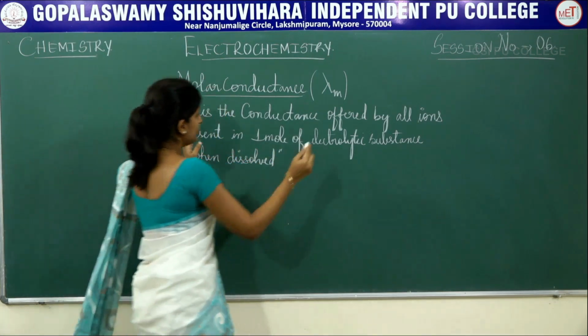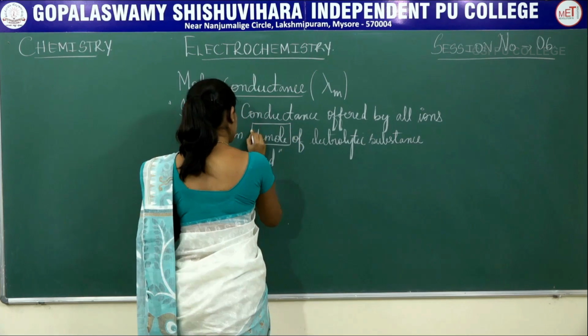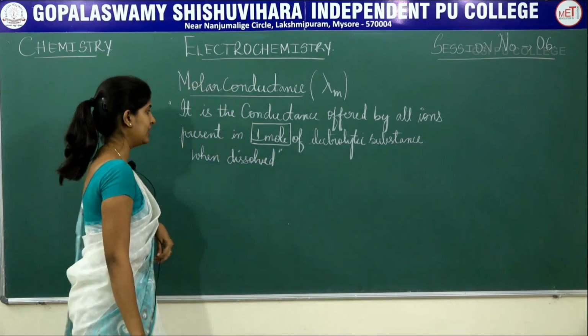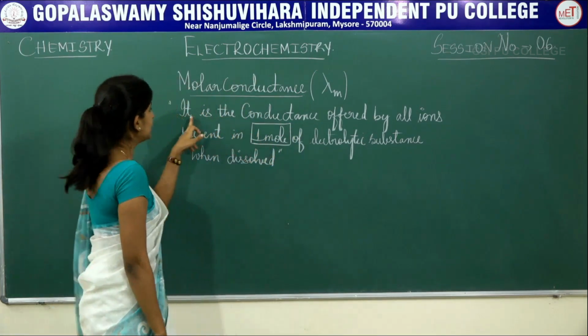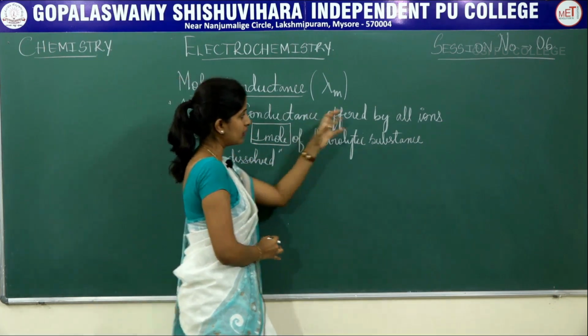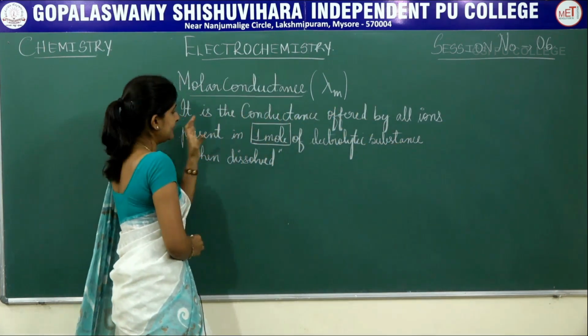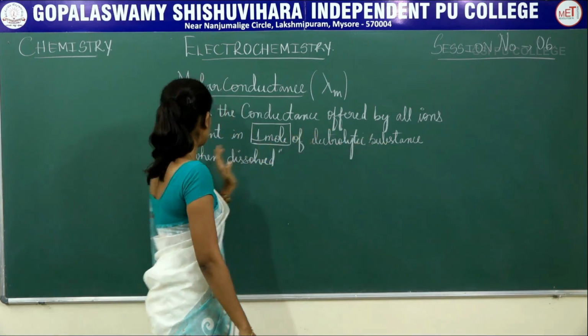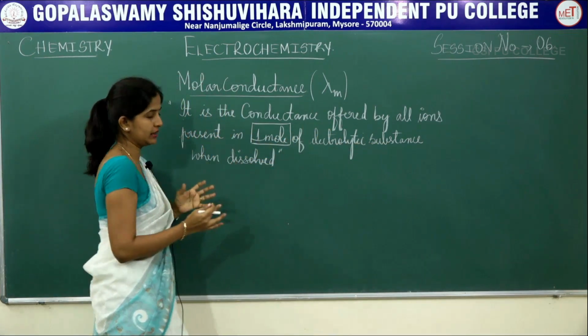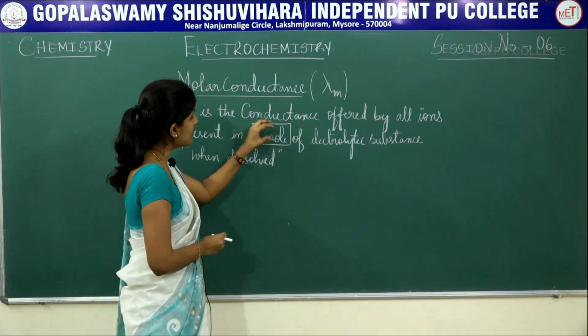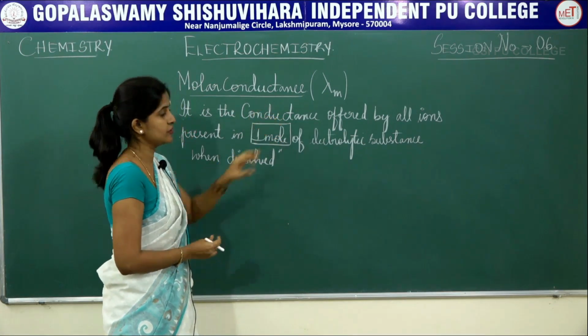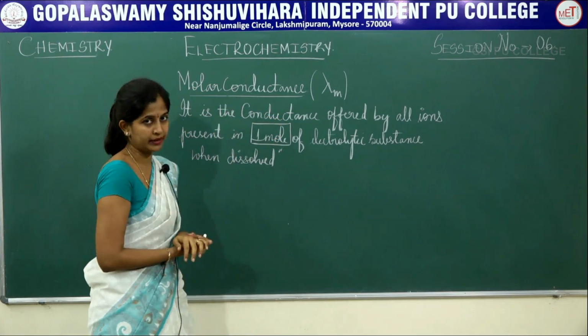So very important, here it is 1 mole. There it is 1 gram equivalent weight, here it is 1 mole. So it is the total conductance offered by all the ions that are present in 1 mole of an electrolytic substance when dissolved. This total conductance offered by a solution with 1 mole of the electrolytic substance is called your molar conductivity.